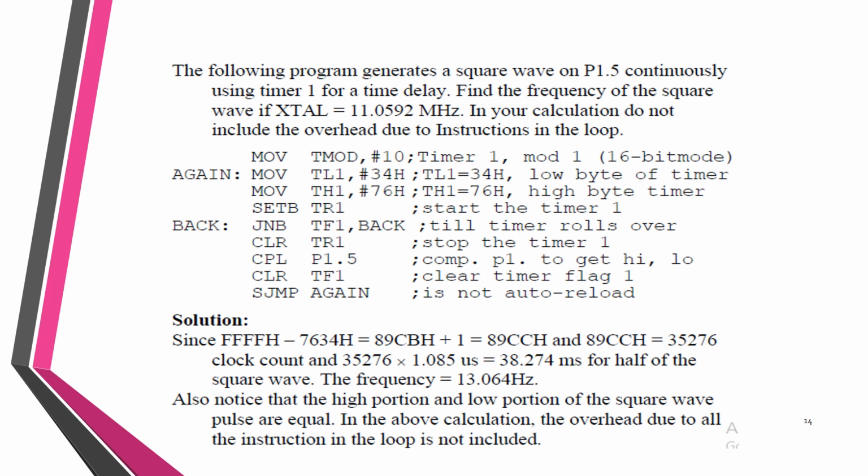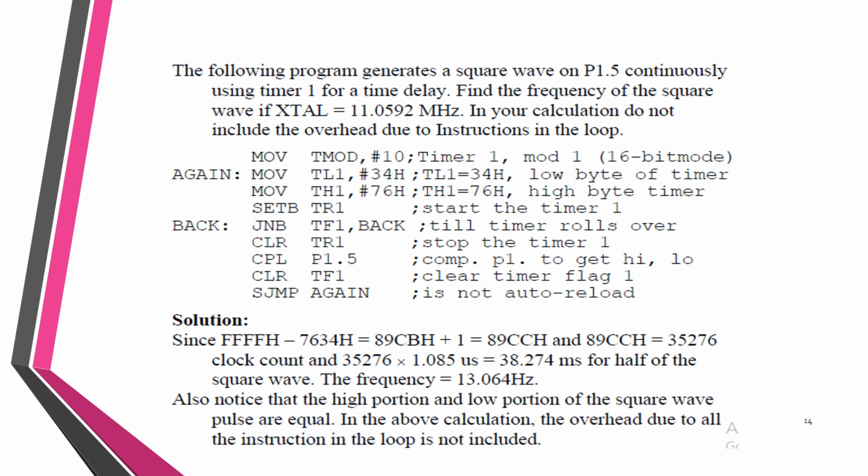I have shown the actual calculation also below the program. Then we have to write SETB TR1, as we want to start the timer. See here, timer program logic is very straightforward and simple. First of all, you give the parameter settings for TMOD.